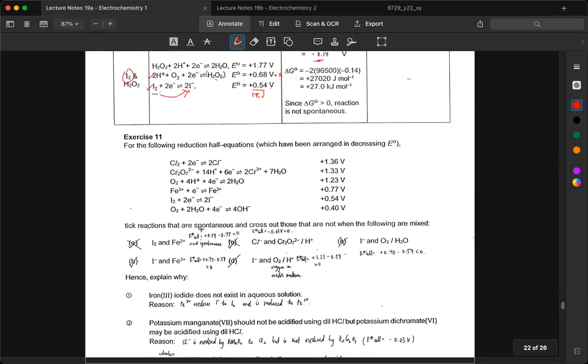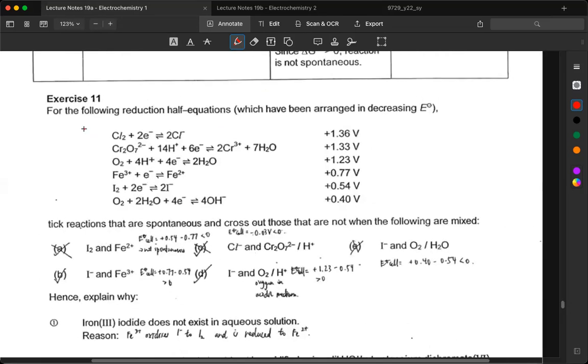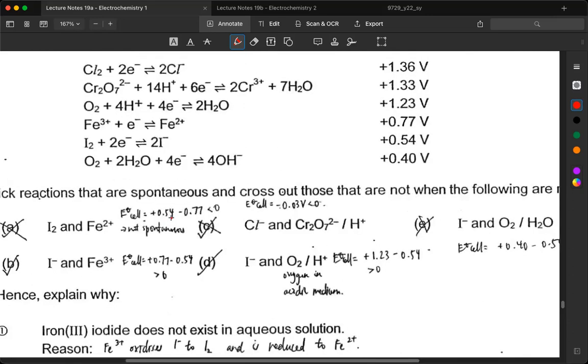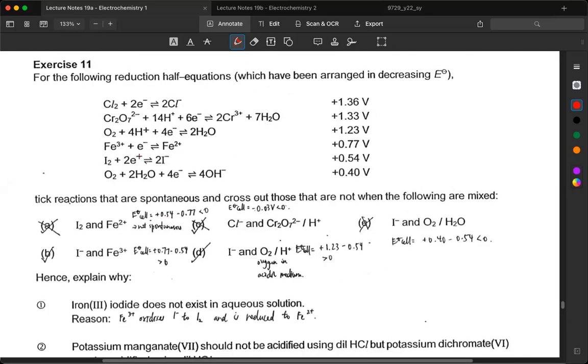Okay, one more exercise. These are the reduction half equations arranged in decreasing E0 value, taken from the data booklet, I think. Take reactions that are spontaneous and cross out those. So you just have to pick and choose. For example, I2 and Fe2+.